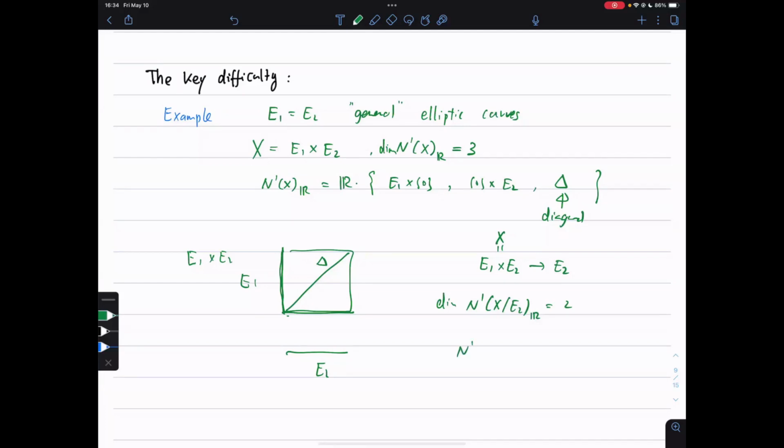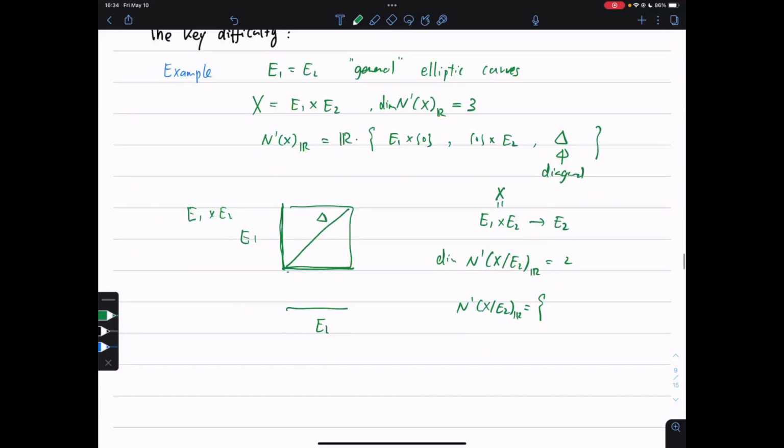And this relative Néron-Severi space is generated by the horizontal part, 0 times E2, and the diagonal.